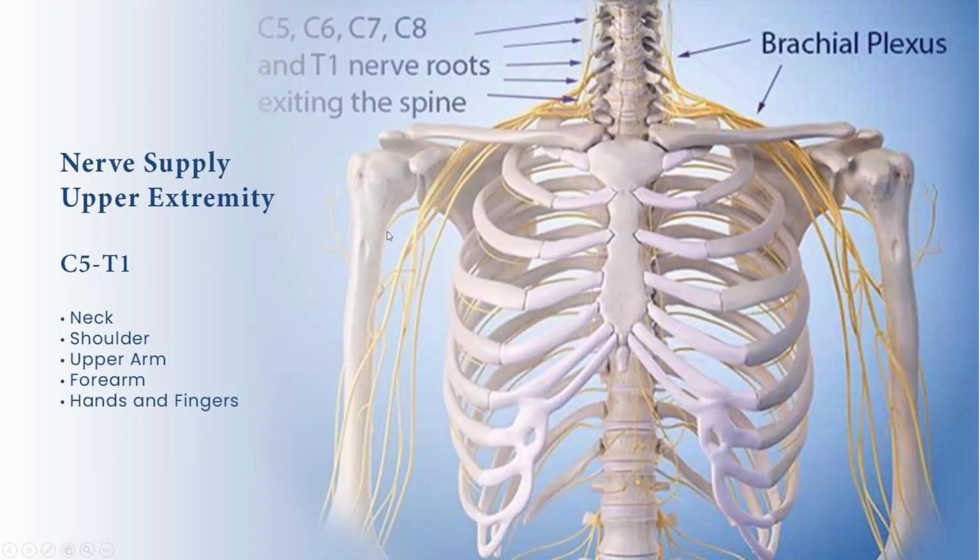So I want to talk about the nerve supply of the shoulder, because today we're talking all about shoulder pain. In your neck, it is C5 and C6 that give supply to the shoulder. So that's why it's so important to start there.